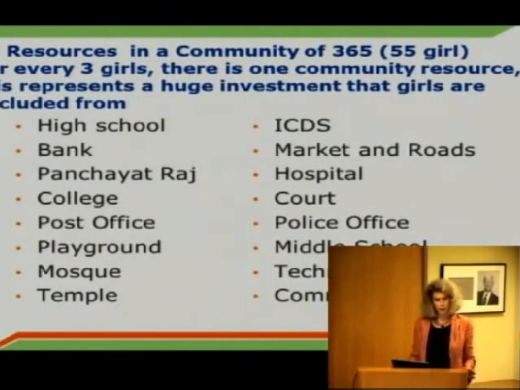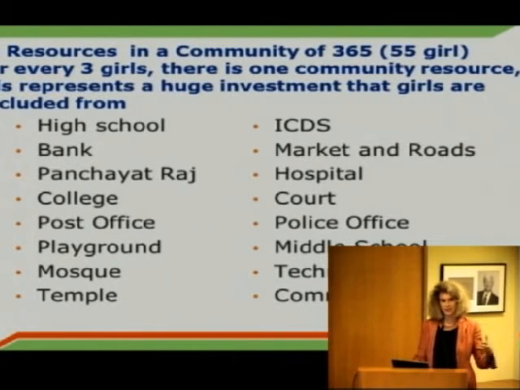It's sort of a peculiar way of talking about it, but it begins to give a sense of how much density there is, even in very poor communities. This represents what's on the ground already in a very poor community, may represent a couple $100,000 of investment, and also a structure through which opportunities and investments and expansion of the economy and social life can proceed. So there's a huge investment on the ground from which girls are excluded.